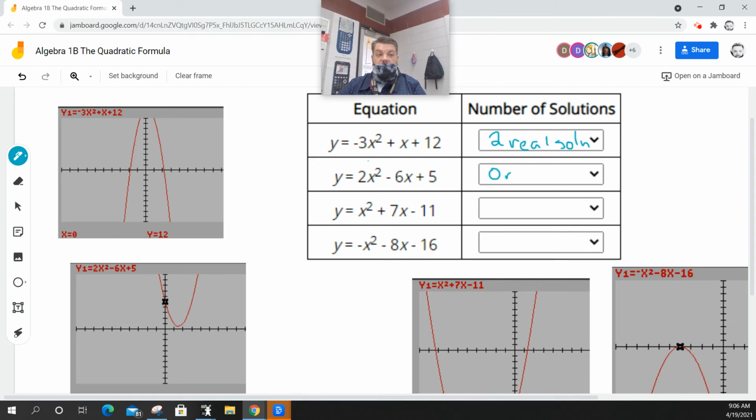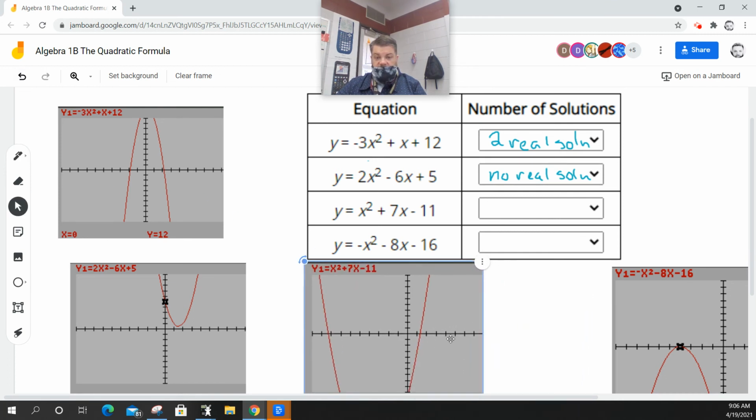Or you could say no real solutions. I'm going to try and use the same terminology. Now, the third one is this graph here. Clearly, it crosses twice. So that one has two real solutions.